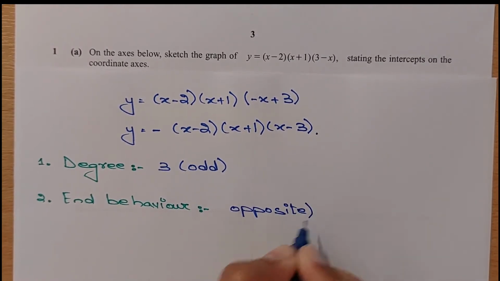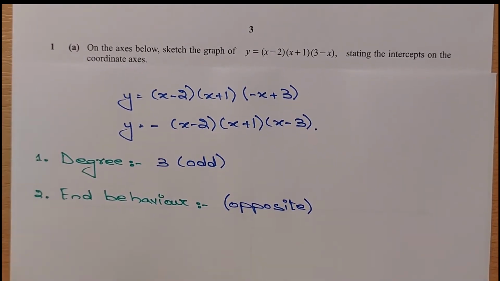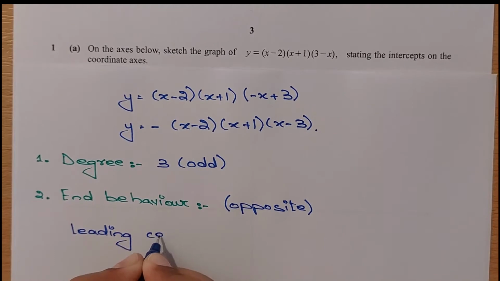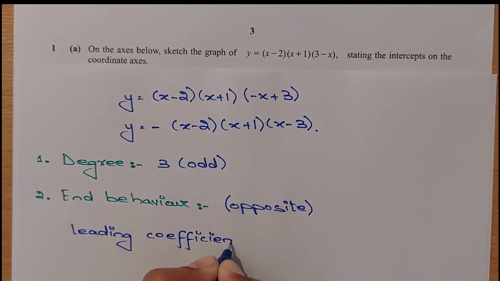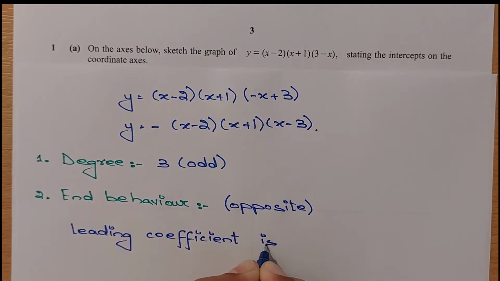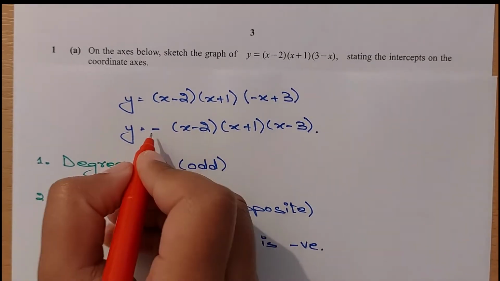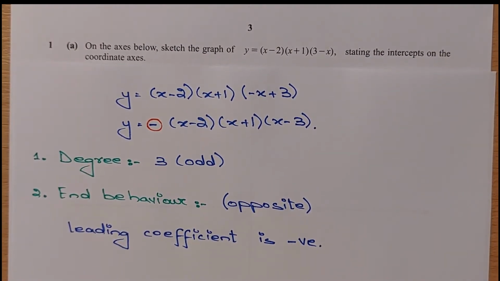Opposite end behavior means it extends from first to third quadrant or second to fourth quadrant, right? So the end behavior depends on the sign of the leading coefficient. Here we can say that the leading coefficient is negative. How can we say that? You can see this is the leading coefficient, and it is negative.